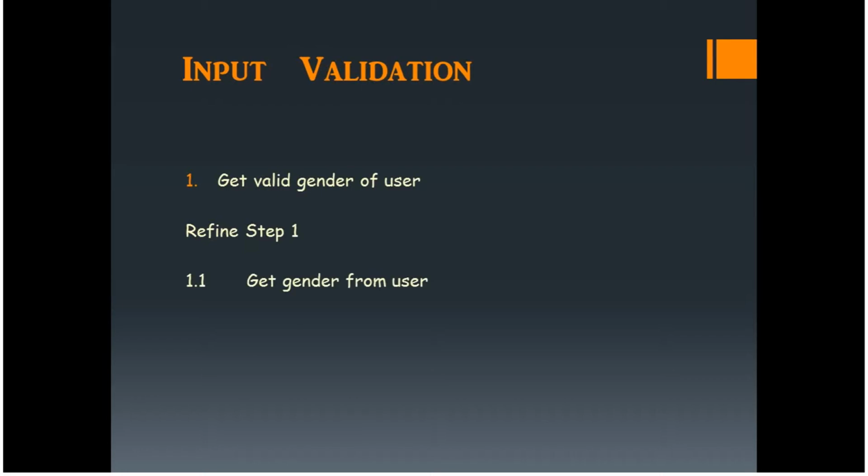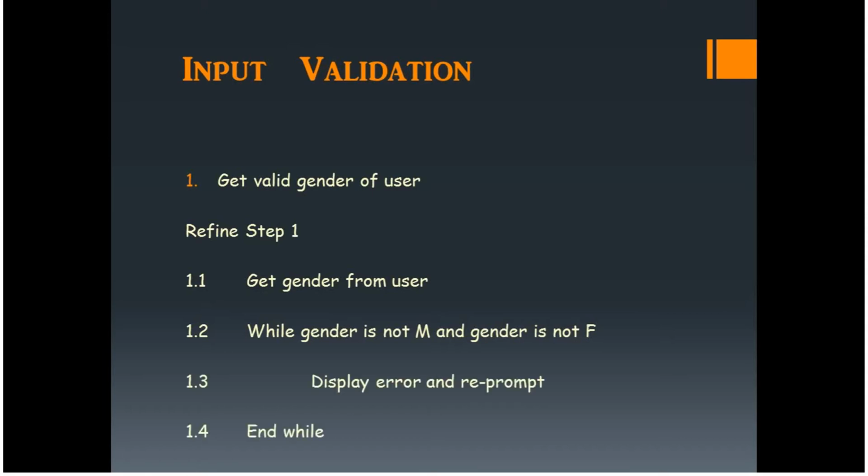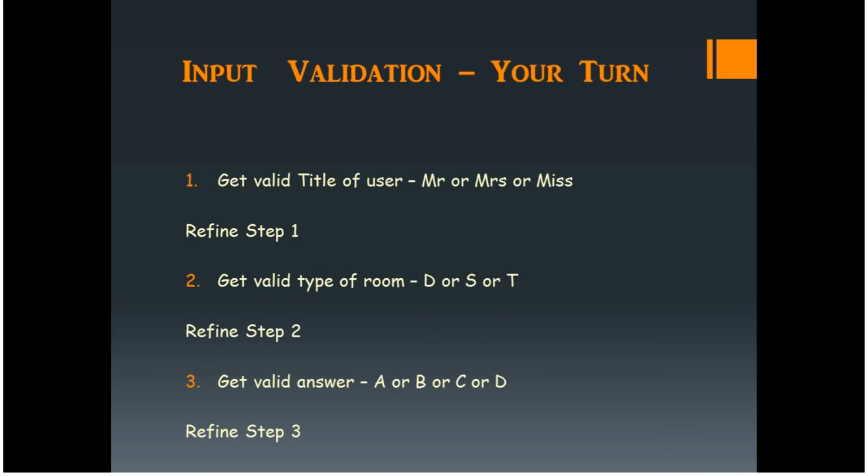So the way we do this one, 1.1, is we ask the gender from the user. 1.2 is while gender is not M and gender is not F. 1.3 stays the same, 1.4 stays the same. So we can't use less than and greater than symbols, we have to use words here. If you want to use an exclamation mark and then an equals because you know that that means is not equal to, that is fine, but we use words when it is strings.